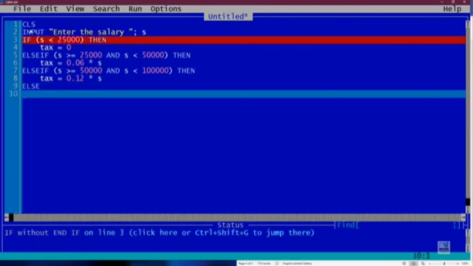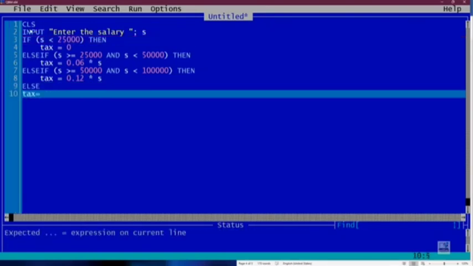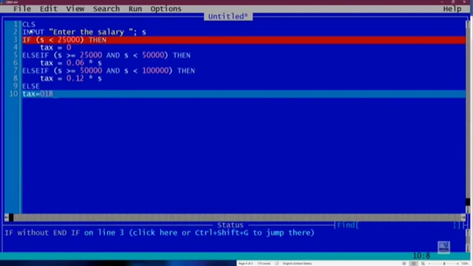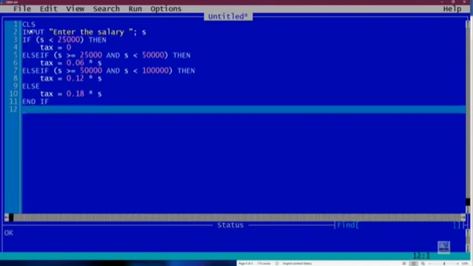Else tax is equal to 18%, 0.18 into salary. Then end if, then write print statement, because you need to print the tax. Tax is equal to tax, semicolon tax, and then write end.